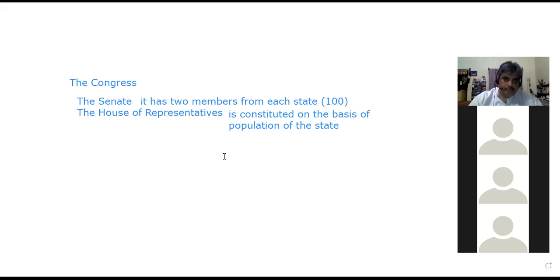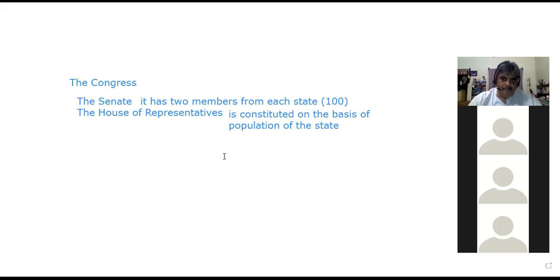The biggest state, I think, is California. It used to be Texas, but it has now become California, I think. And the smallest state is Delaware.